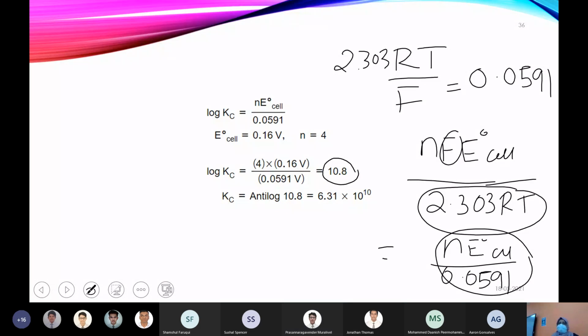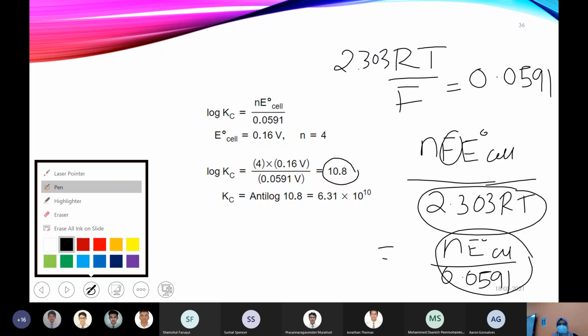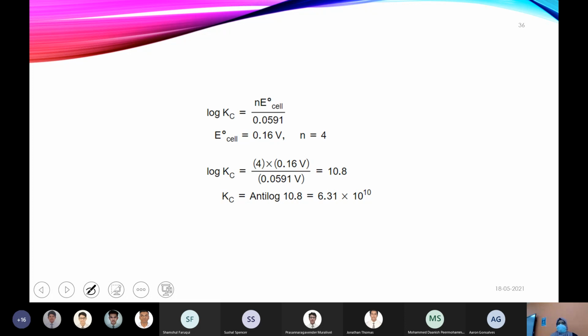For taking the antilog, you can just copy the answer for now, as you don't know how to take it, but we will discuss it in detail. Antilog of 10.8 will be 6.31 into 10 raised to 10. Most probably they will give log and antilog values in the exam, but it's always better to know how to use the logarithmic table, because some numerical questions can be solved with the log table.